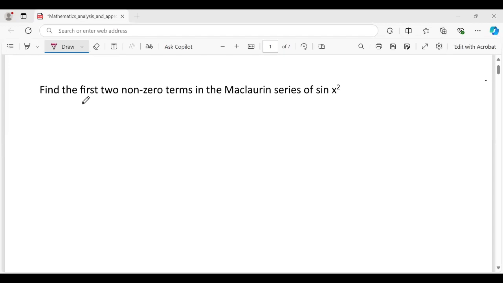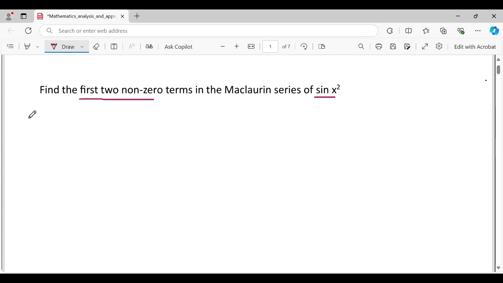Okay, now the question is to find the first two non-zero terms in the Maclaurin series of sine x squared. So first we have to find the series of sine x, and after that we are going to figure out the Maclaurin series for sine x squared.